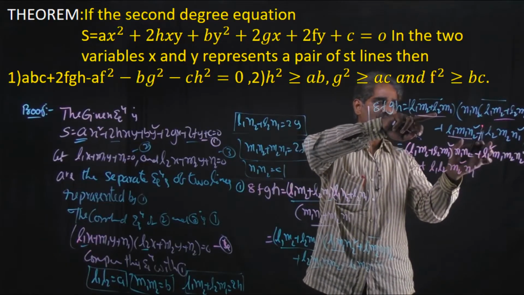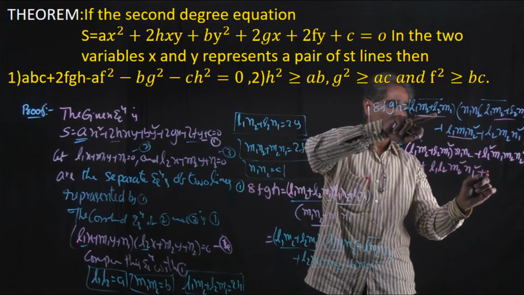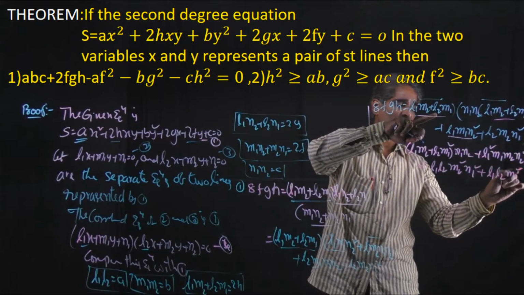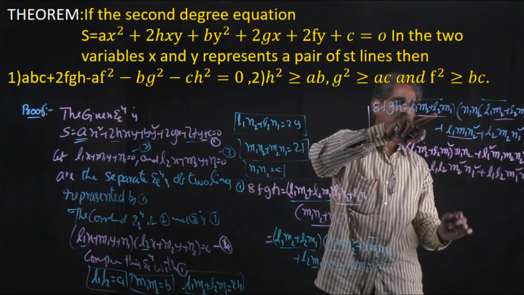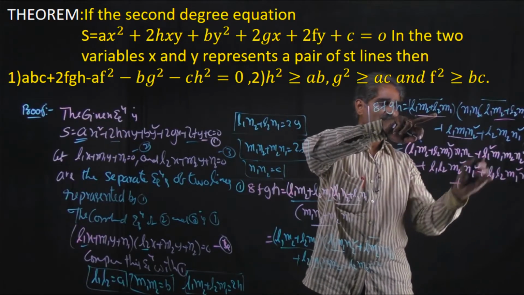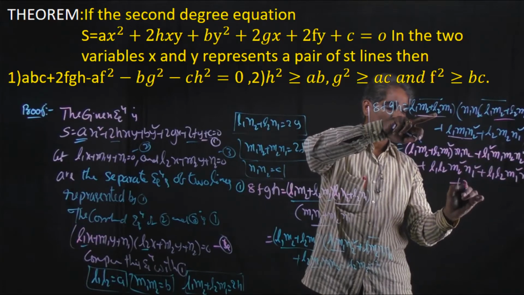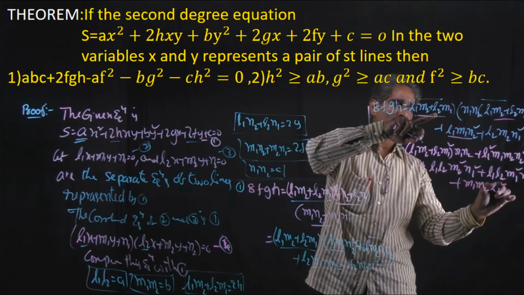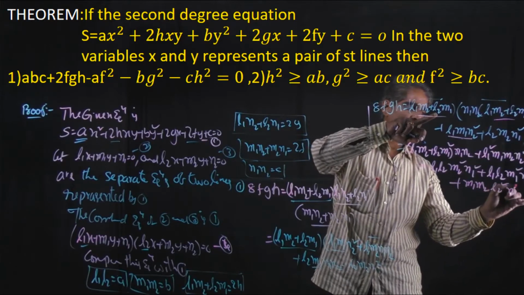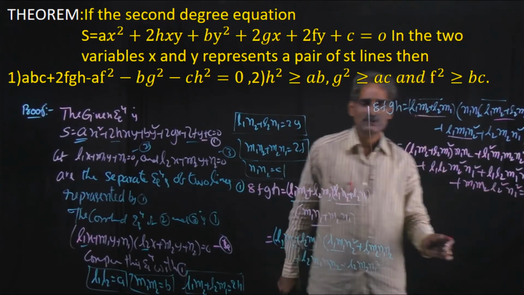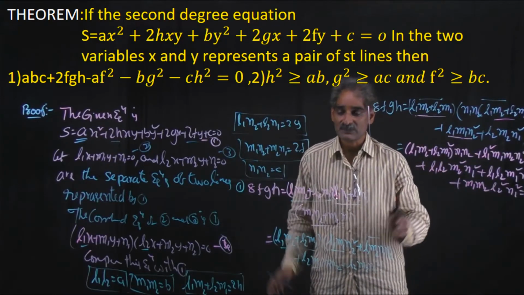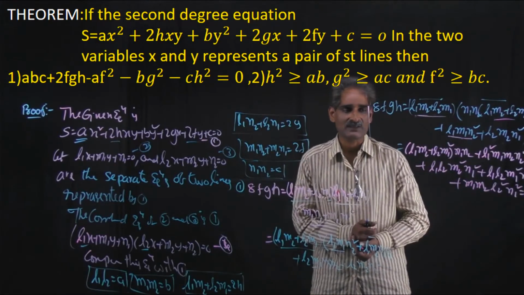Next with the second one, L1 L2 M1 square N2 square plus M1 M2 L2 square N1 square equal to 0. So this is a little bit lengthy, but simplification is not difficult.